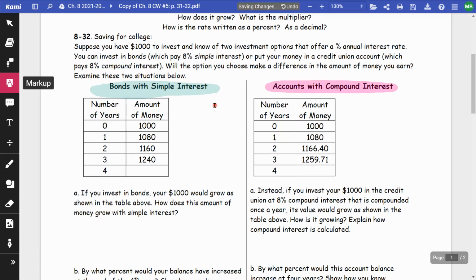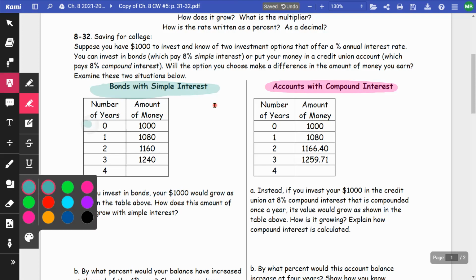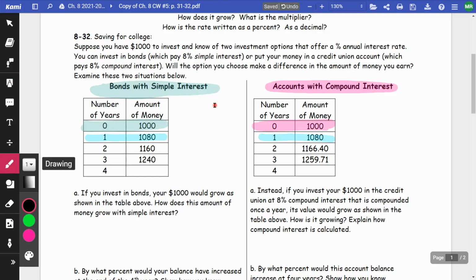So both situations, what you'll notice is we are starting with $1,000 year 0. And both of them have the same amount year 1. But after that, they are different.